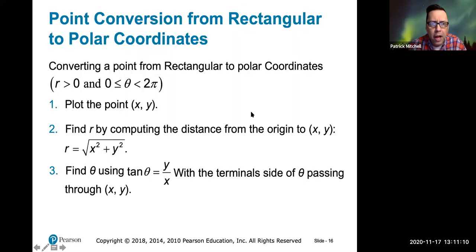All right, so you plot the point x, y, and then find r by computing the distance from the origin to x, y using the distance formula. And finally, find theta using tangent theta equals y over x with the terminal side of theta passing through x, y.